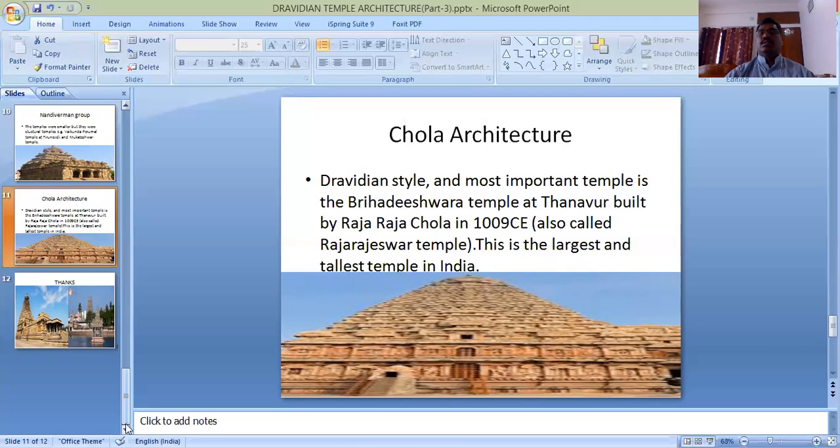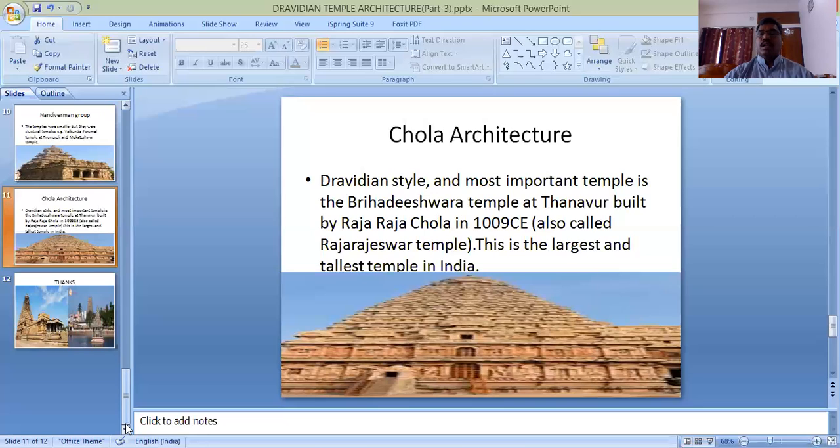So the Dravidian style temple architecture, also known as South Indian temple architecture, is related with regional temple architecture and also with dynastic or ruler based architecture.